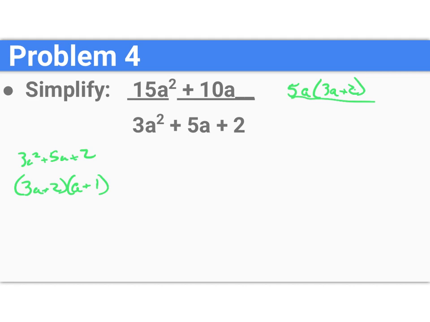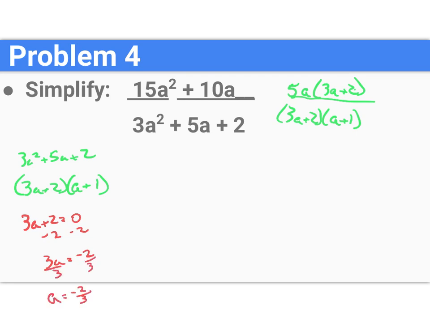So now we've got 3a plus 2 times a plus 1. So as you know, we're going to go and find our excluded values. Subtract 2. You got 3a equals negative 2. Divide by 3. a equals negative 2/3.